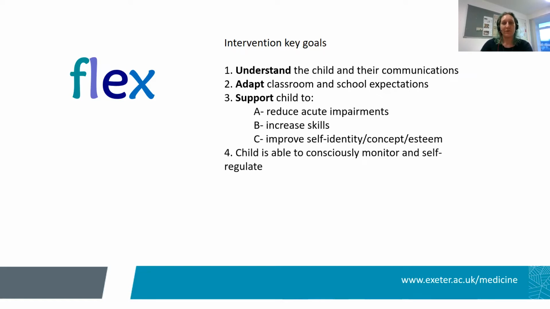The result of all of that would hopefully be that the child is able to be more conscious about their emotions and behavior and start to self-regulate. And then we want to sustain that and adapt it across time, because children aren't things that just are static and never change. They're always changing and new problems come up.